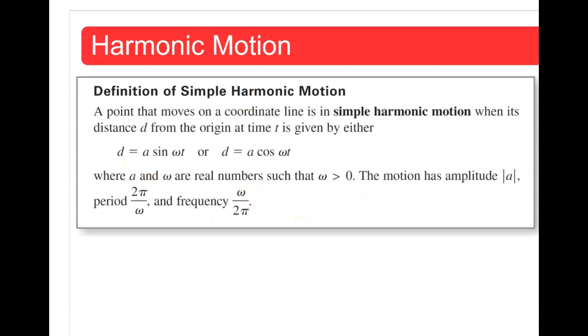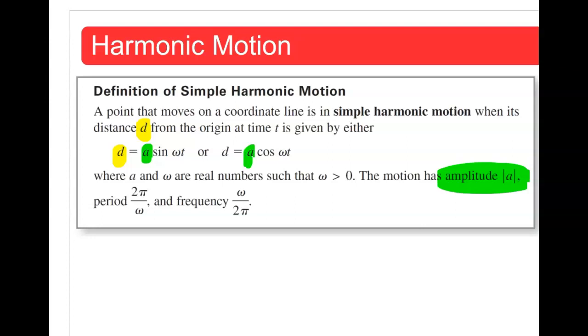So using those concepts, we could put the definition of simple harmonic motion together. If a point that moves on a coordinate line is in simple harmonic motion, then its distance d, in this case d is going to be the output instead of y, from the origin at time t is given by either sine or cosine functions. Here the letter A represents the amplitude, and remember we're going to use the absolute value to denote the amplitude.